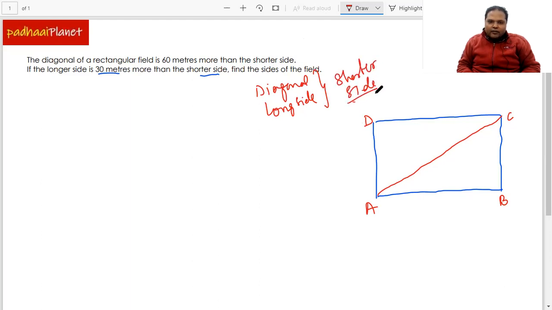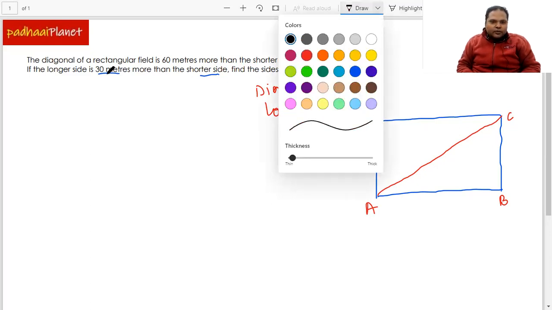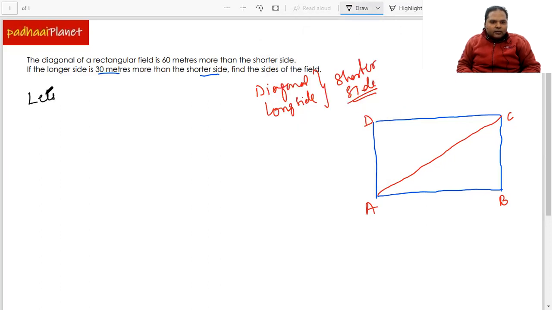So what we will do is let us suppose the shorter side is equal to x. So this is x.